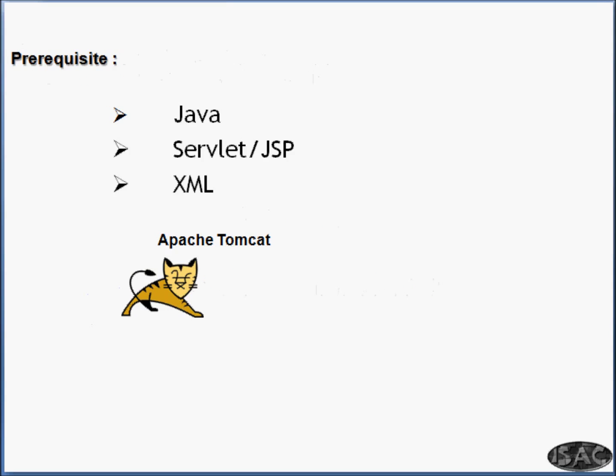Now if you are going to do Struts, you require some understanding of Java. You must know Java first, because you will be developing Java code here. If you have Java 1.6, that's fine. The latest is 1.7, as you know. Servlet and JSP: here we'll use Servlet 2.4 and JSP 2.0.